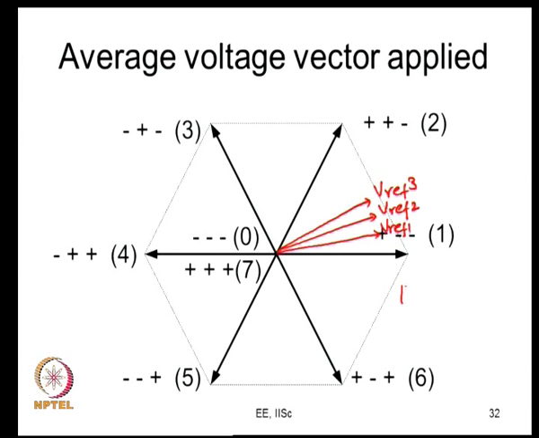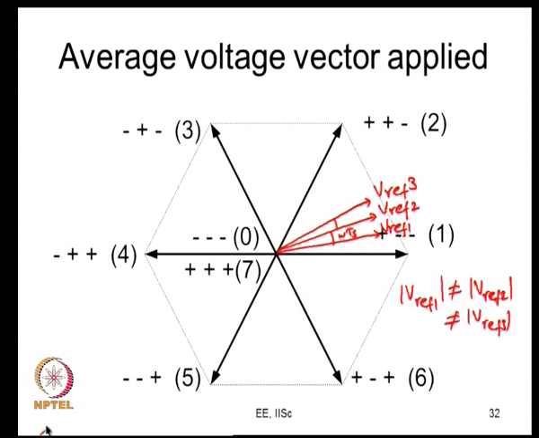What we have is, as I said yesterday, Vref1 is not actually equal to Vref2. Again, that is not equal to Vref3. There are variations in that. However, this angle and this angle, they are equal. These are equal to omega Ts roughly. This is the scenario that you have here when you are doing overmodulation with sine triangle PWM.